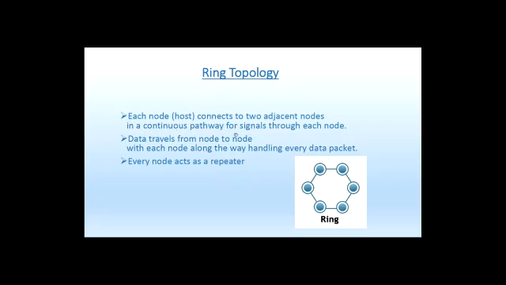In a continuous pathway for signals through each node, data travels from node to node with each node along the way handling every data packet. Every node acts as a repeater. So there is no main server per se in this type of topology. All right, so there will be communication between devices, and it happens in this sort of way.